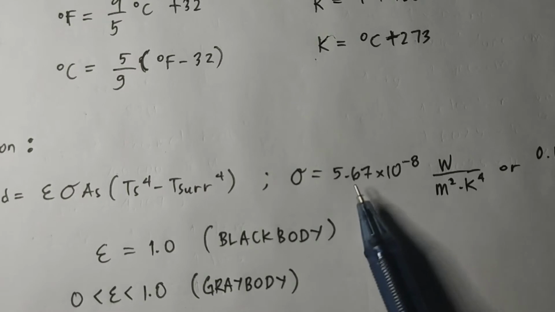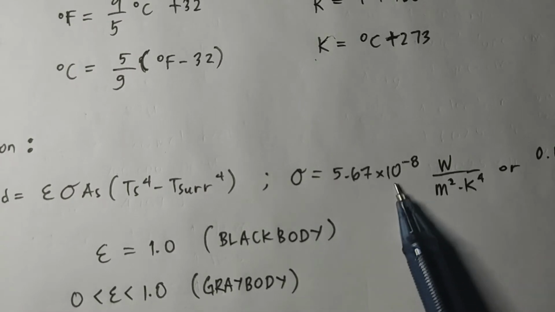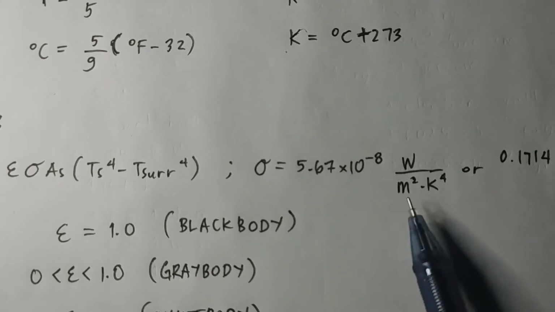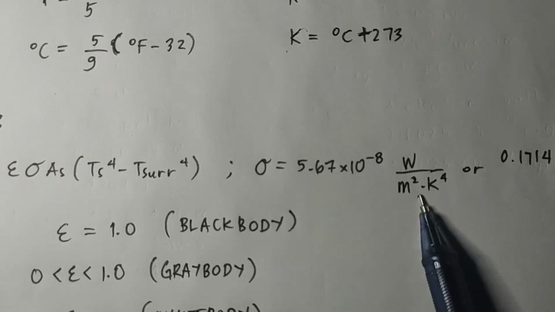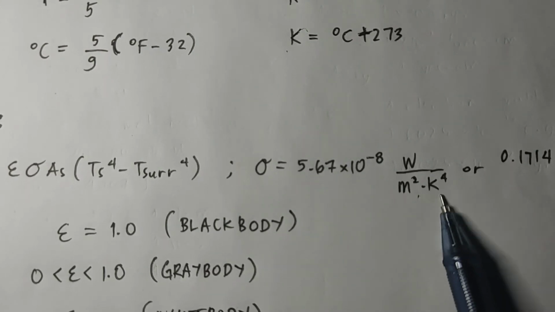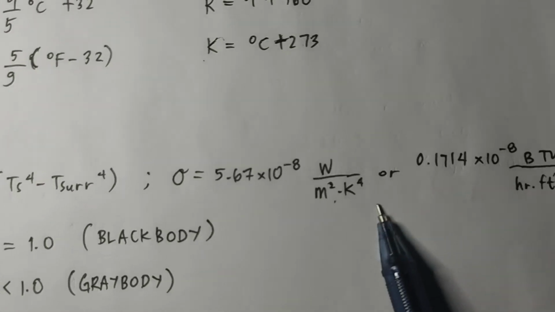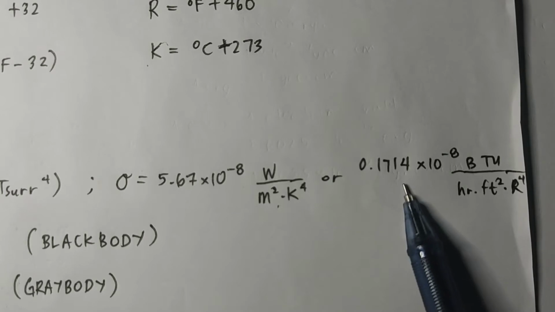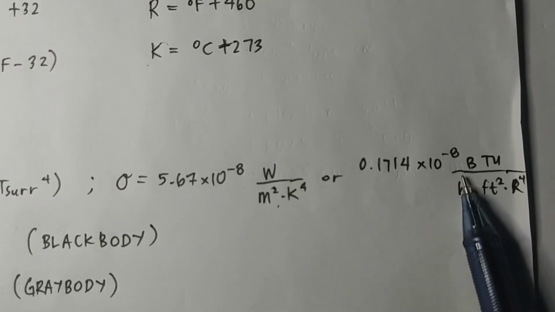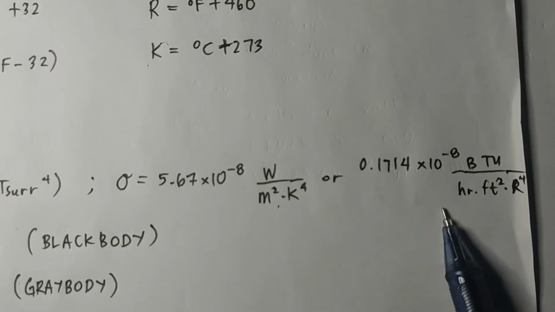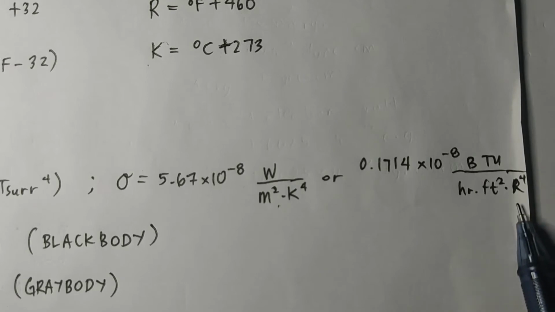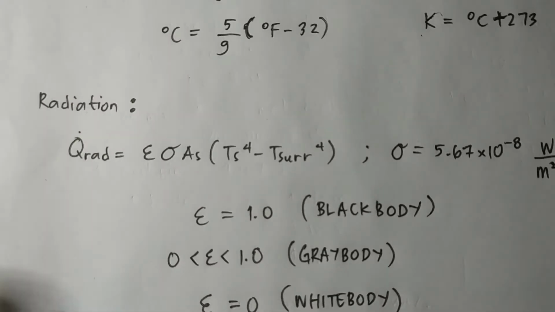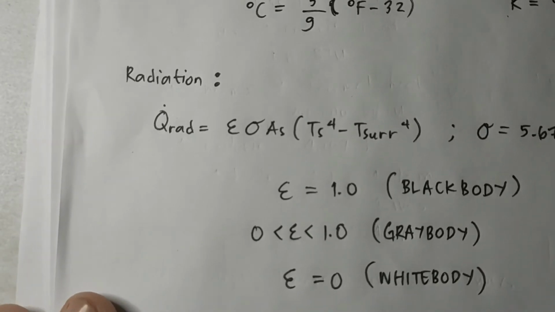Sa SI, we have 5.67 times 10 raised to negative 8 watts per meter squared K to the 4th or Kelvin to the 4th. Or sa English unit, we have 0.1714 times 10 raised to negative 8 BTU per hour feet squared R raised to 4.